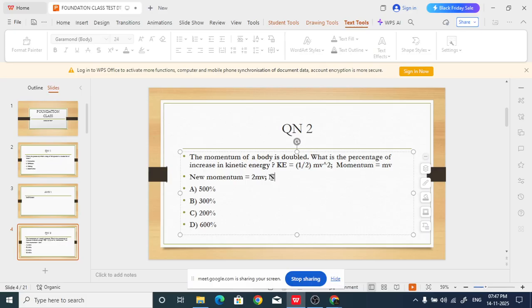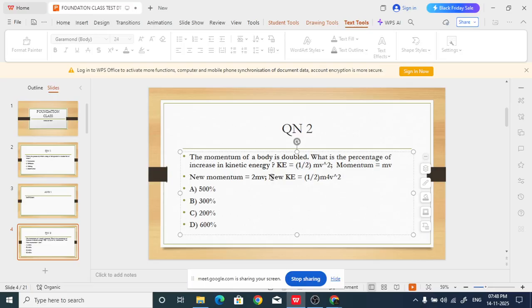So new kinetic energy will be how much? Half remains same. M remains same. V becomes 2v. So 2v square is how much? 4v square.